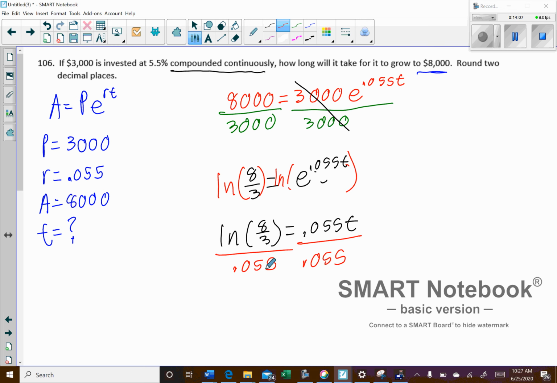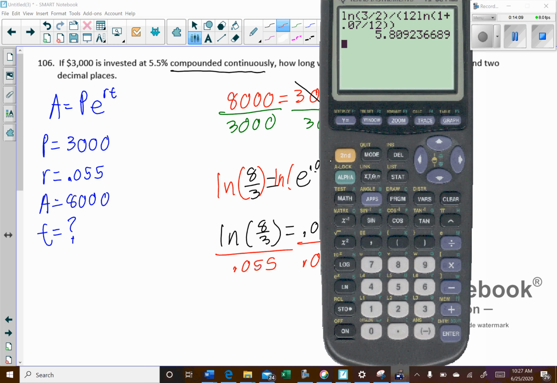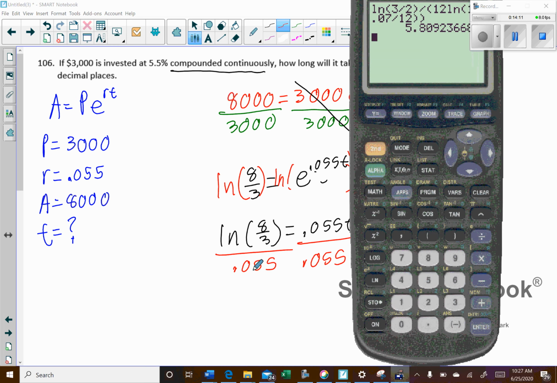Now this one will be a little bit easier to put in the calculator because we're only dividing by a single value, not the product of two values. So, natural log of 8/3 and then divided by 0.055. You don't have to worry about parentheses on this one. And we get 17.83 years.